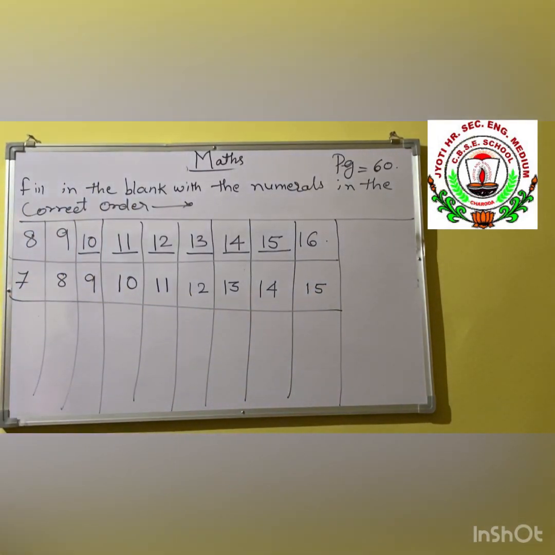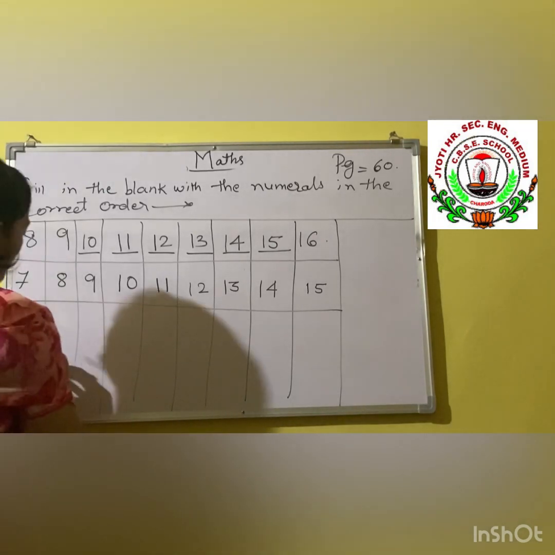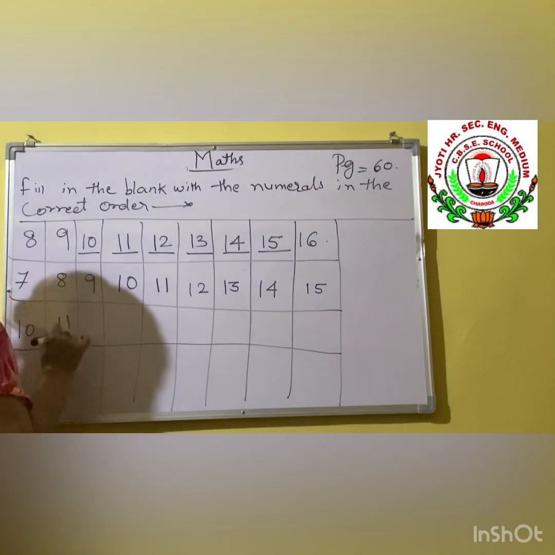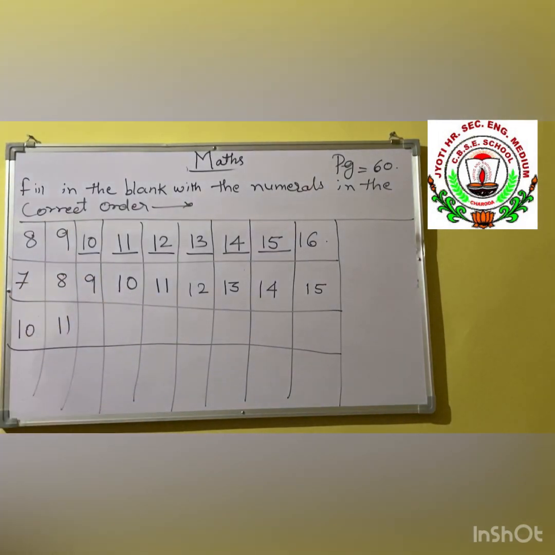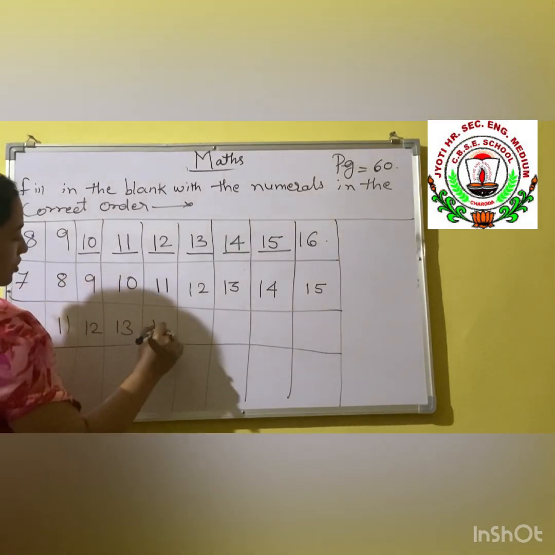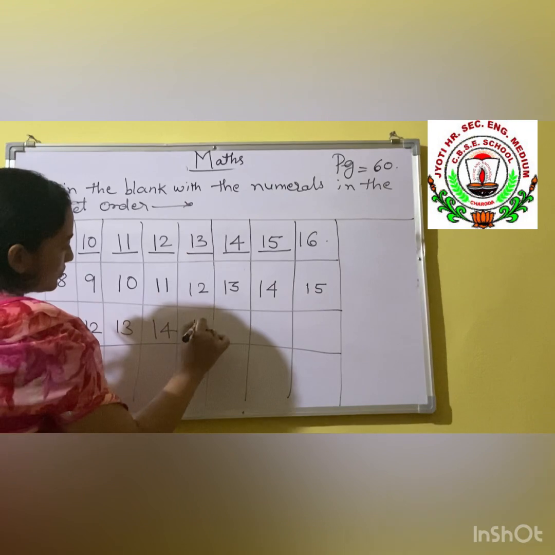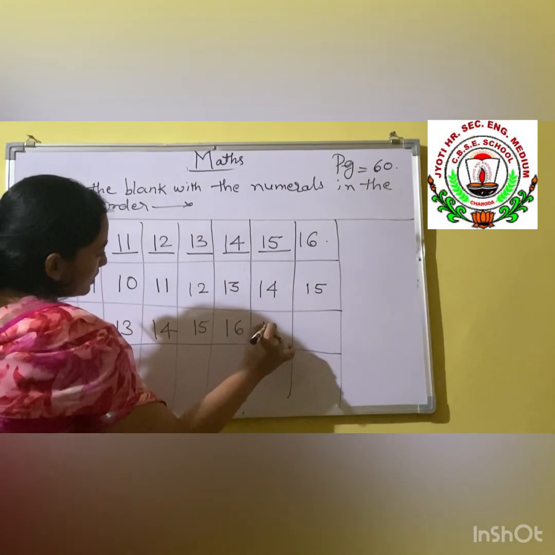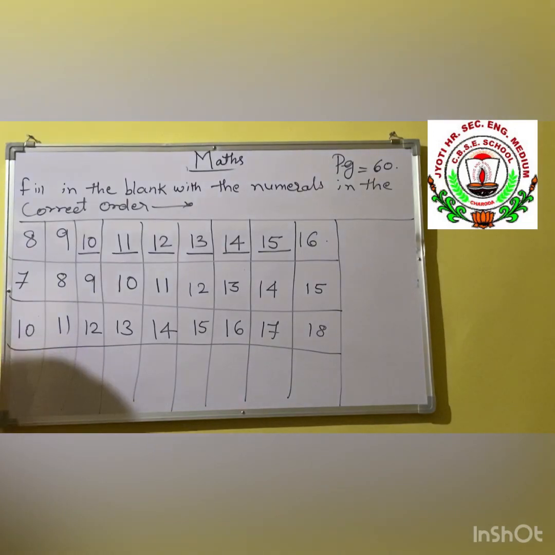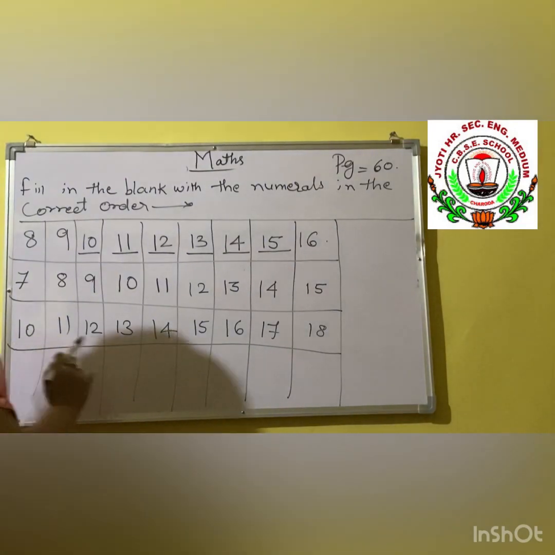Now the next one is 10 and 11. Now same as it is, we have to write over here 12, 13, 14, 15, 16, 17, 18. We have to write the numbers in continuation.